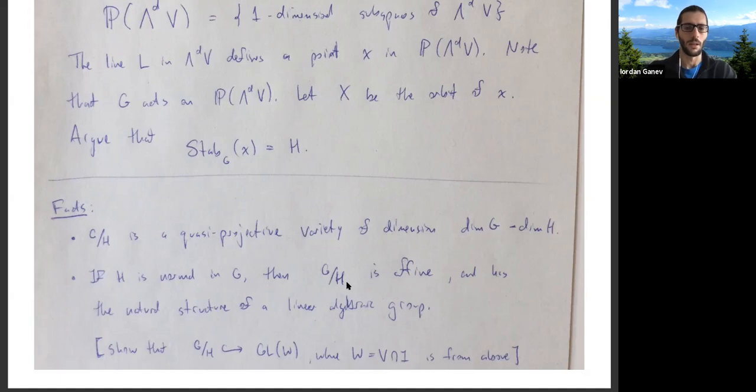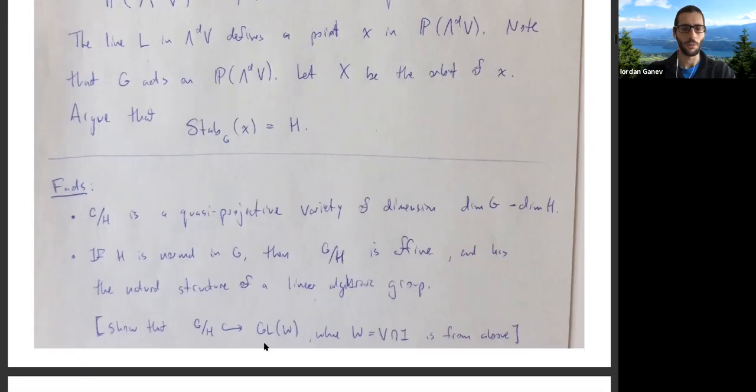And it has a natural structure of a linear algebraic group. A normal subgroup in G means the quotient is a group. And why is it a linear algebraic group? You basically show that there's an embedding of G mod H inside of GLW, where W is this space from before.